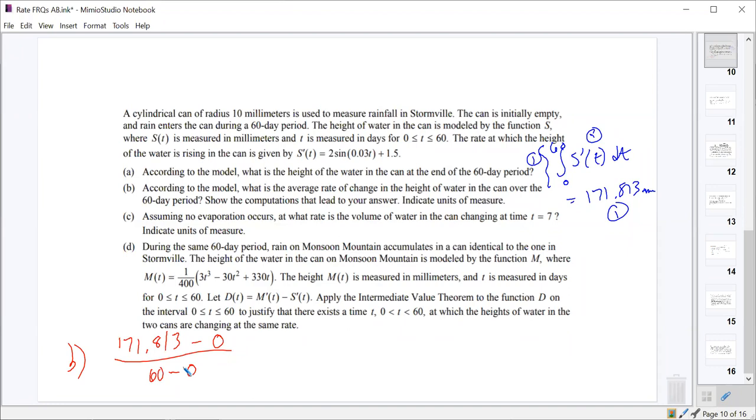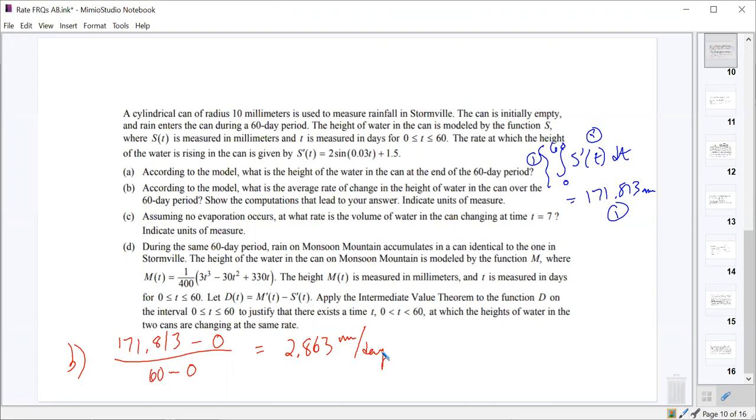And that comes out to be 2.863. And it says include units of measure. And so we've divided by 60 for 60 days. So this should be millimeters per day. That's the average amount that the height is increasing.